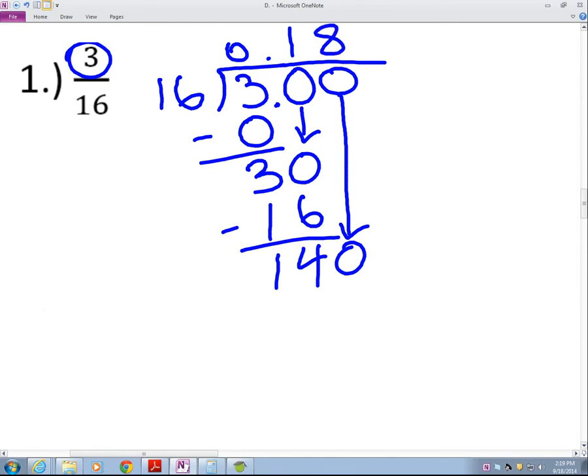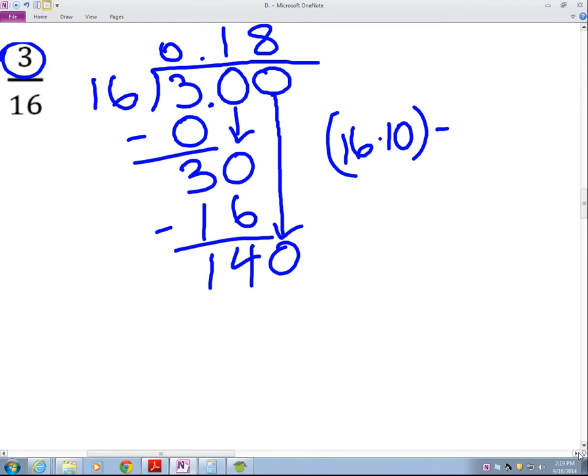And a good way to do this, for those of you that have good number sense, is this. 16 times, we're not using decimals, 16 times 10 minus, I know that 16 times 10 equals 160, so that's going to be too many. However, I know that 16 less than that is going to be 144.